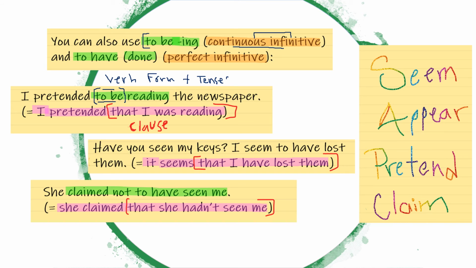But in this case, we can say that the continuous infinitive is a combination of both. We have the verb form that is the infinitive, the full infinitive, and we have the tense that is continuous because it is using the verb to be. Okay, look at that.